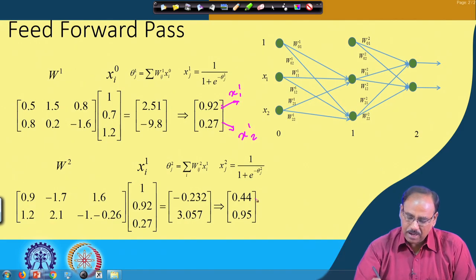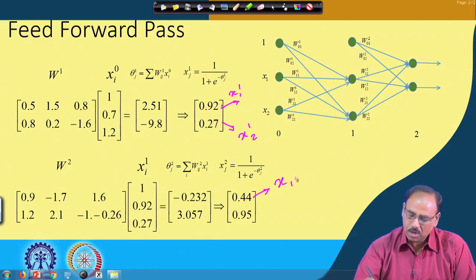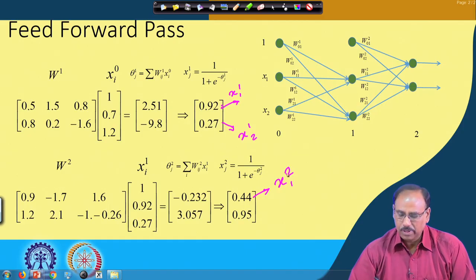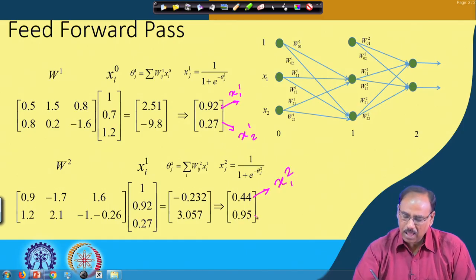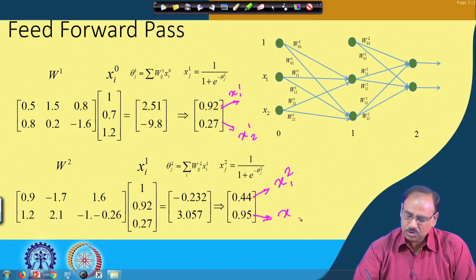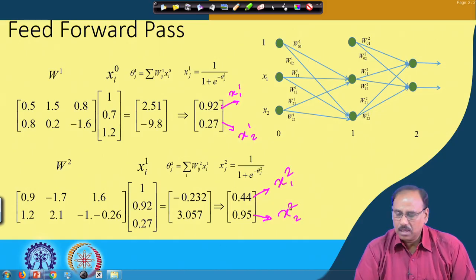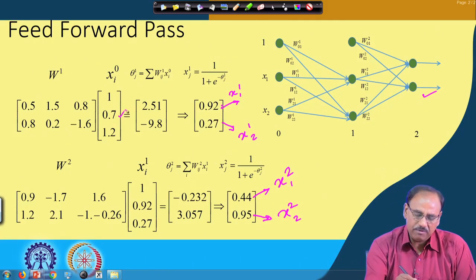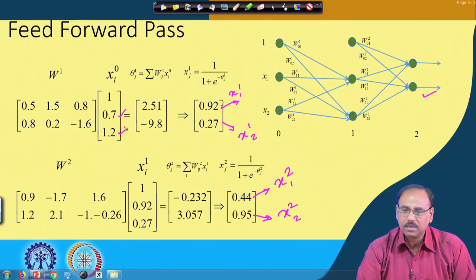In the same manner, I have computed the output of the output layer nodes. x12, the output of the first node in the output layer, is 0.44, and x22, the output of the second node in the output layer, is 0.95. We also said that the vector 0.7, 1.2 that we considered is taken from category 1.